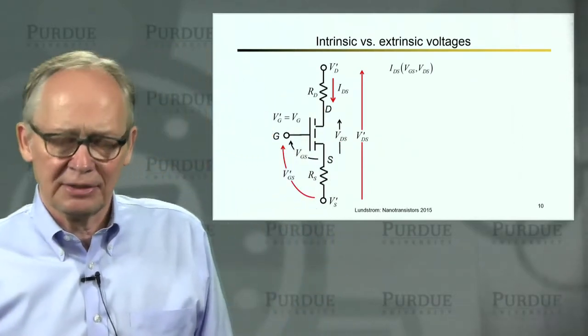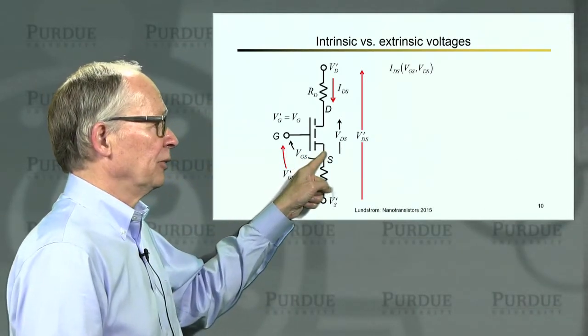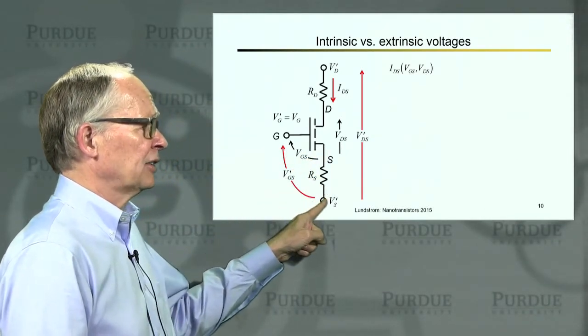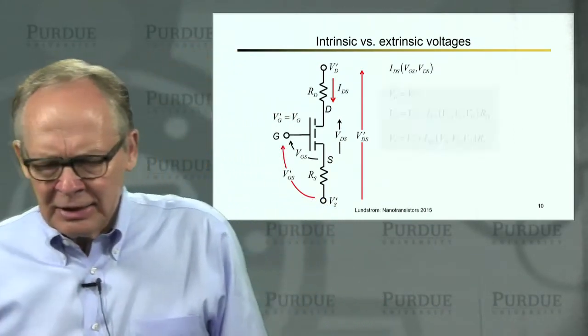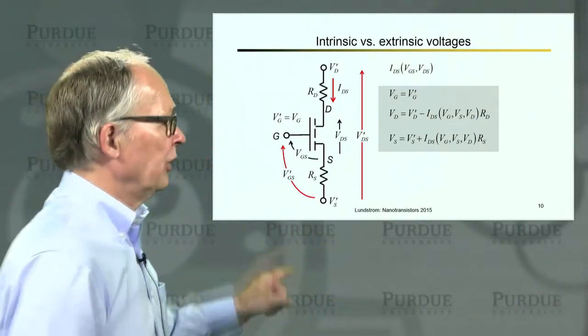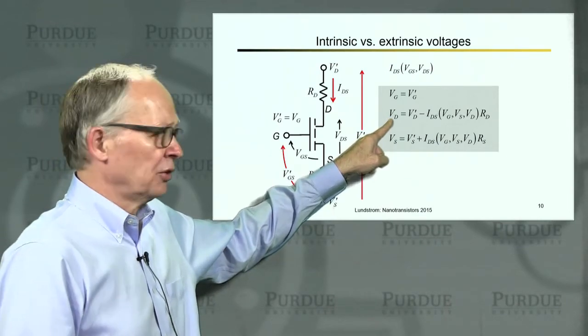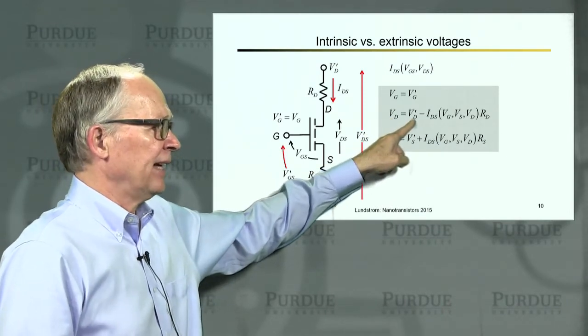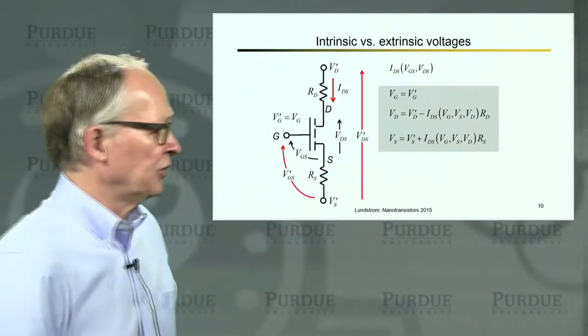Same thing's going on at the source. There is an intrinsic source. That's the one we've been talking about, but there is an extrinsic source where we actually apply the real voltage. So we have to make this correction, and it's easy to do. What we're interested in is the voltage that gets across the actual internal terminal of the device. That's the external voltage minus the voltage drop in the drain resistor.